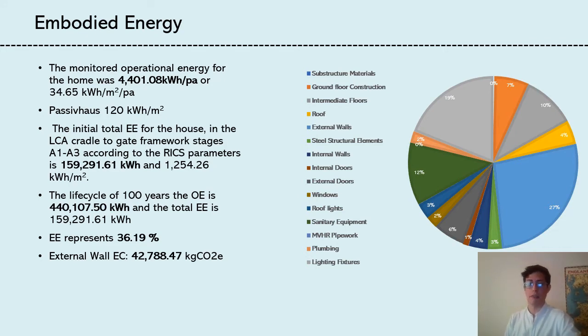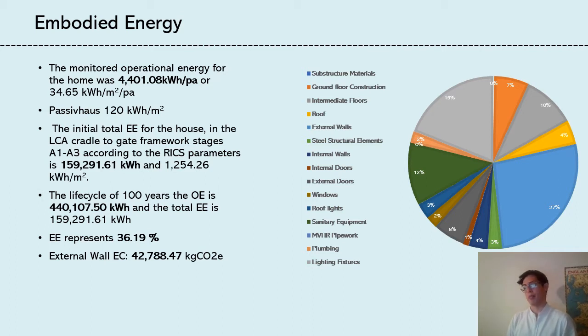And the total embodied energy was almost 160,000. If we contrasted it with the operational energy over a span of 100 years, the embodied energy represented 36.19%, and obviously it was quite a high impact on the whole life cycle.